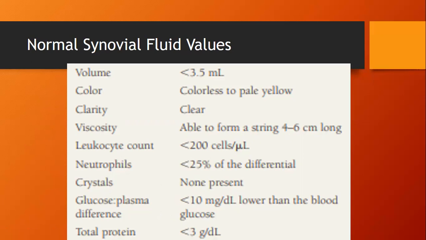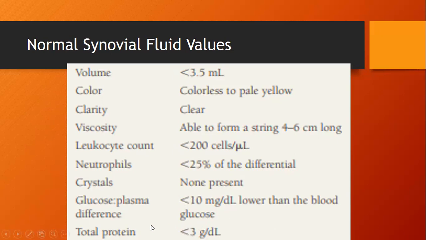Since this is an ultrafiltrate of the plasma, usually it also contains glucose. However, the glucose content of your synovial fluid is less than 10 milligrams per dL lower than your blood glucose levels. And the total protein also is lesser. Why?